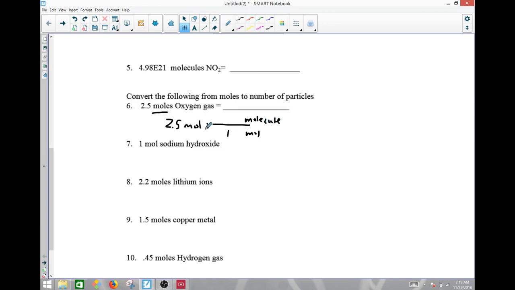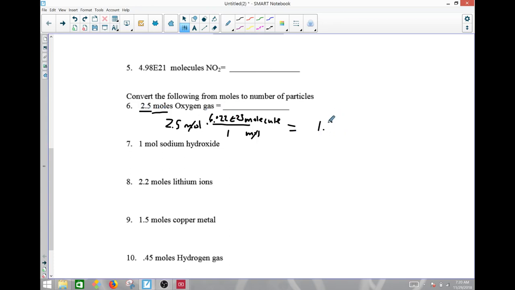One mole is 6.022 e to the 23rd. Again, I'm just keeping track of my equivalency. Moles cancel, so 1 mole has to go on the bottom, this is on top, so I'm going to multiply by this now. And this is going to give me, now I have 2 sig figs here. We're going through some sig figs issues, so here we're at 2, I'm going to hold 2 sig figs. That's my smallest number of sig figs.